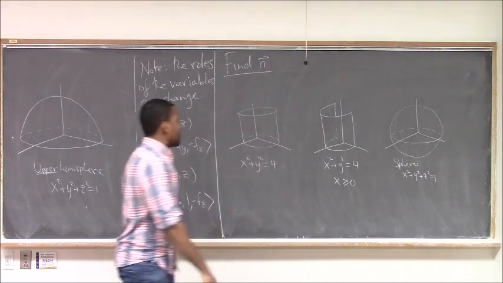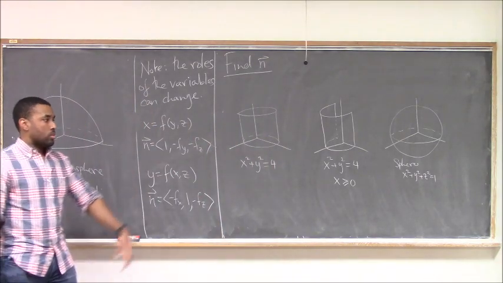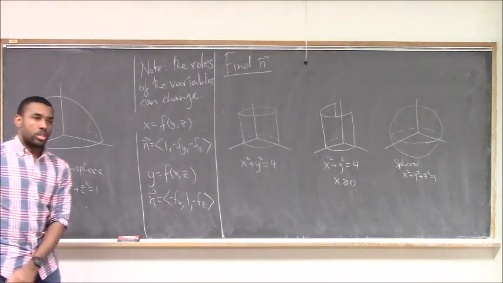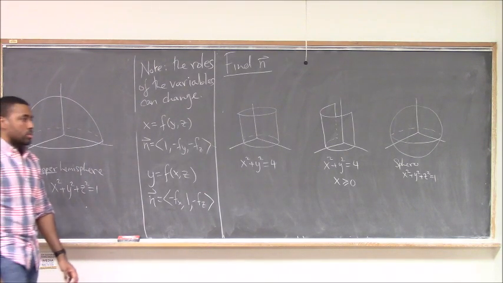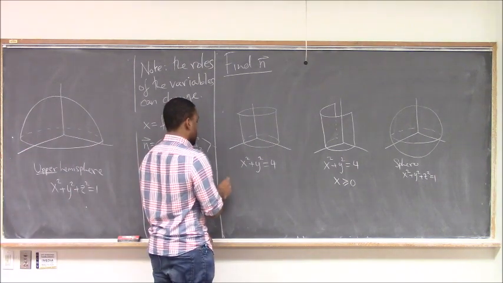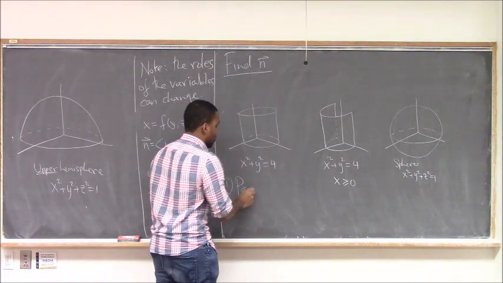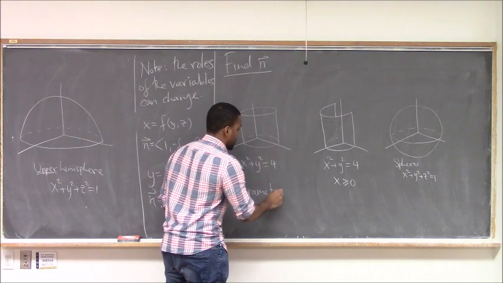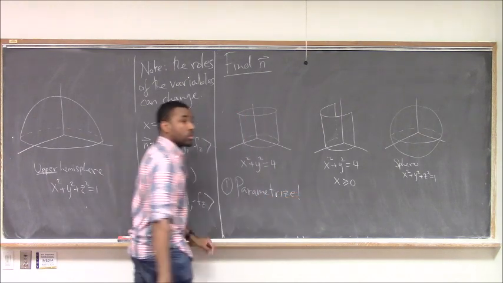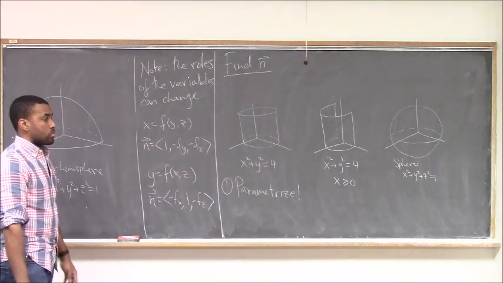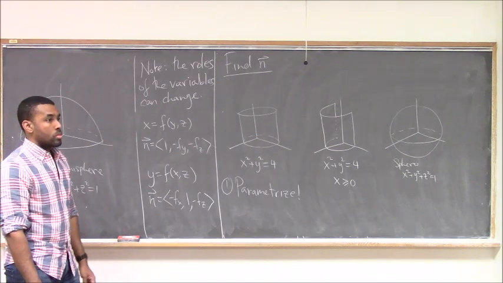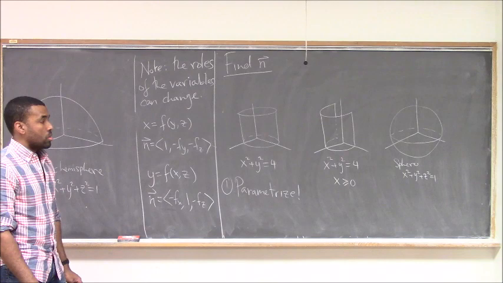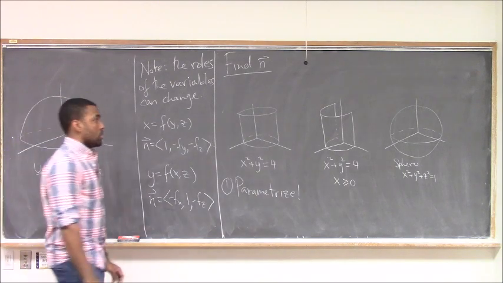Now in general, if I wanted to find the normal vector to this one, how would you approach that situation? Method 1 or method 2? Here, I would parametrize.